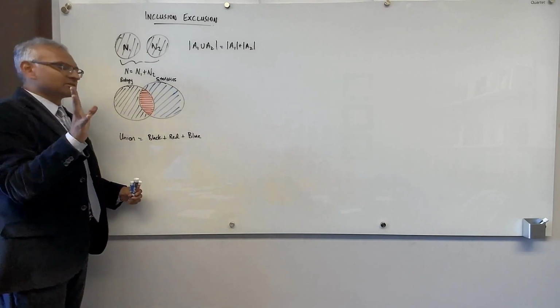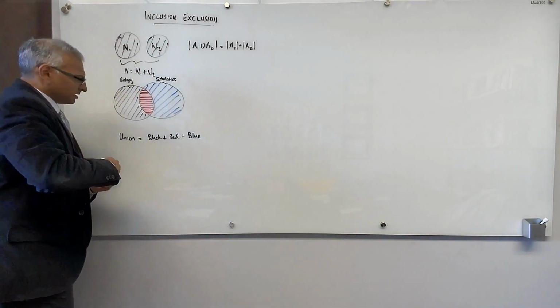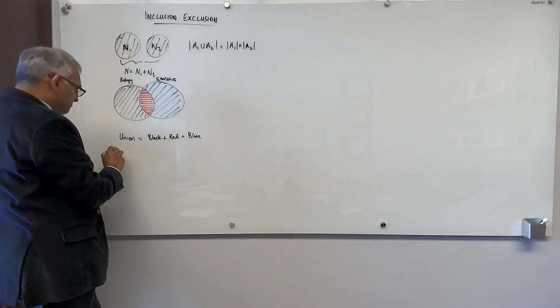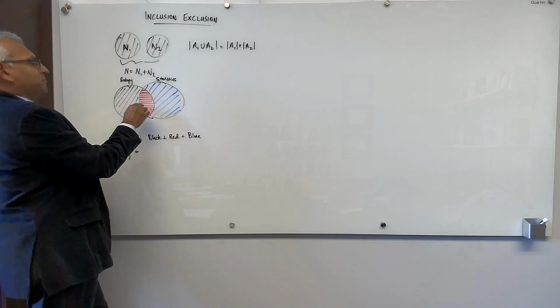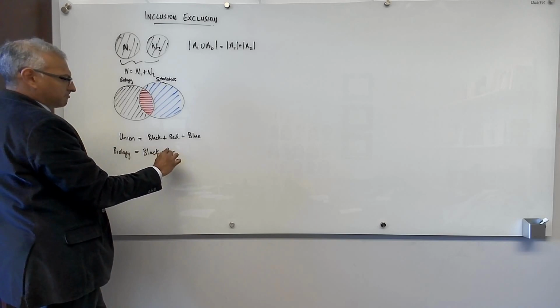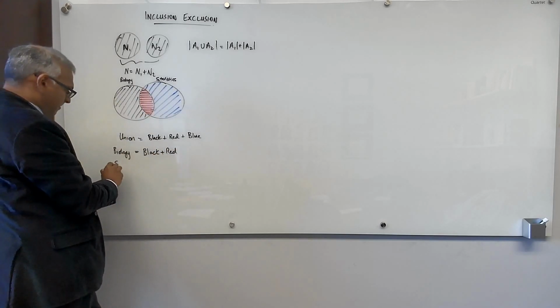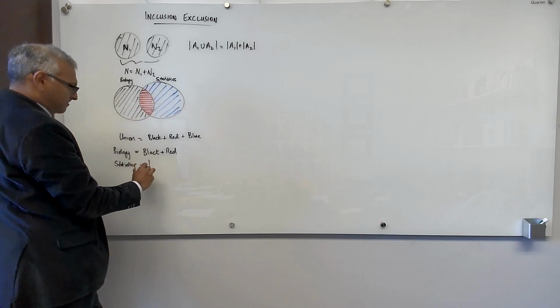So I can apply the sum rule to black, red, and blue. But we can say biology is equal to black plus red. And statistics is equal to blue plus red.